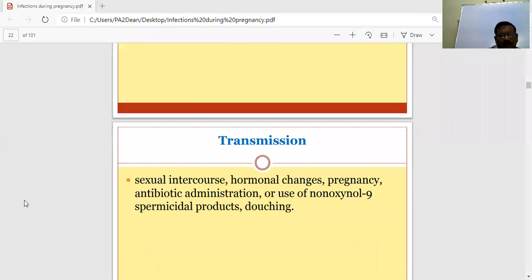The transmission is mainly by sexual intercourse and hormonal changes, pregnancy, antibiotic administration, and use of nonoxynol-9 spermicidal products, and douching. They are the various ways of transmission.